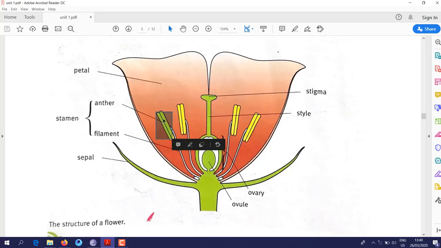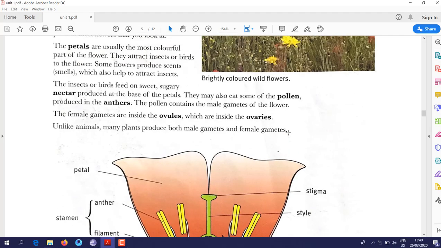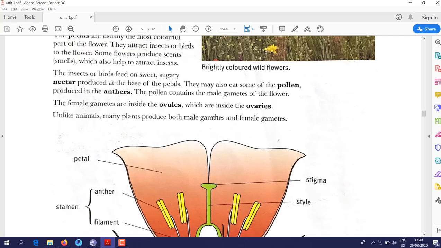It's a part of the male reproductive organ. The function of it is to make the pollen. So if you have a question that asks what is the function of the anther, the function of the anther is to produce the pollen.